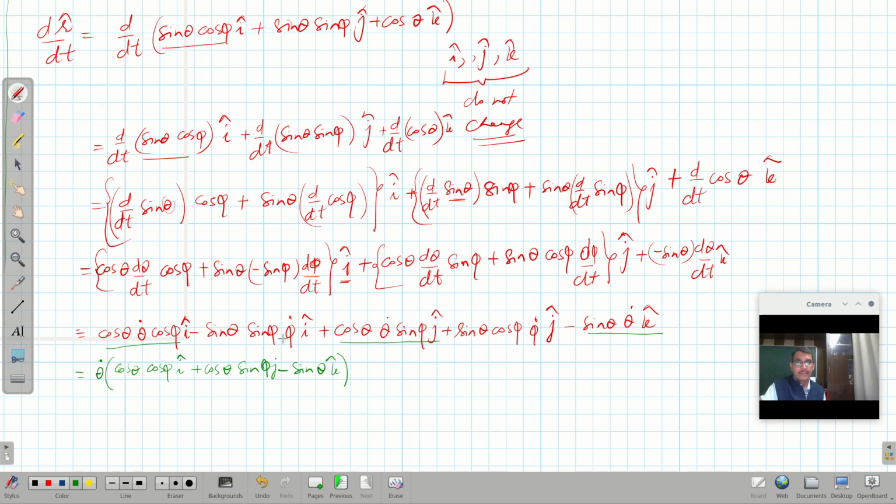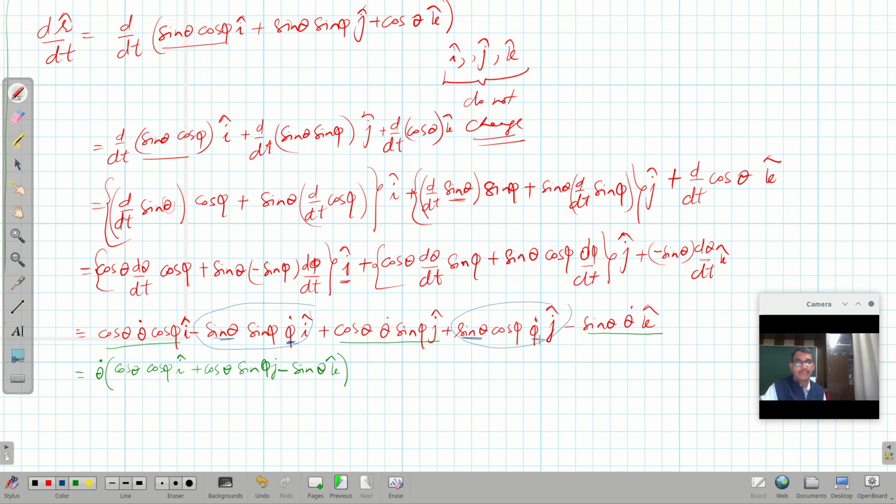Right? So now if I try to look at this term, this is one term and this is another term. Sine theta is sitting with both, and phi cap is also sitting.